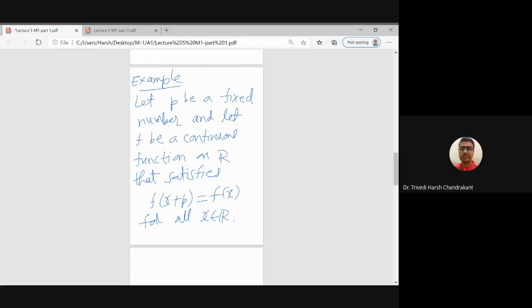Do we remember any function fx which satisfies this property? Sin x, it is basically a periodic function. Exactly, right.